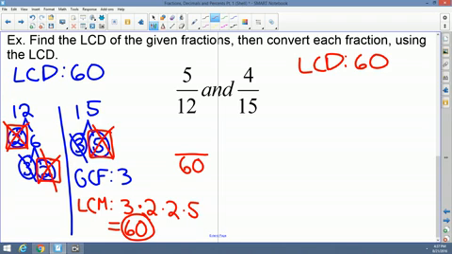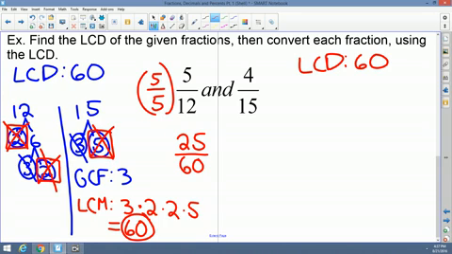Oh yeah, I can multiply 12 times 5 to give me 60. But if I multiply something to the denominator, I must multiply it to the numerator because I am creating equivalent fractions. Okay? I'm changing the appearance, but I'm not changing the value. So when I multiply 5/12 by 5 over 5, I get 25/60ths.